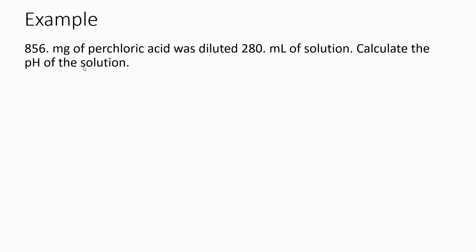We're going to do the log, so that means we get 3 decimal places. Okay, so negative log of 0.3075. This pH is 1.513. pH doesn't have units. Okay, questions?